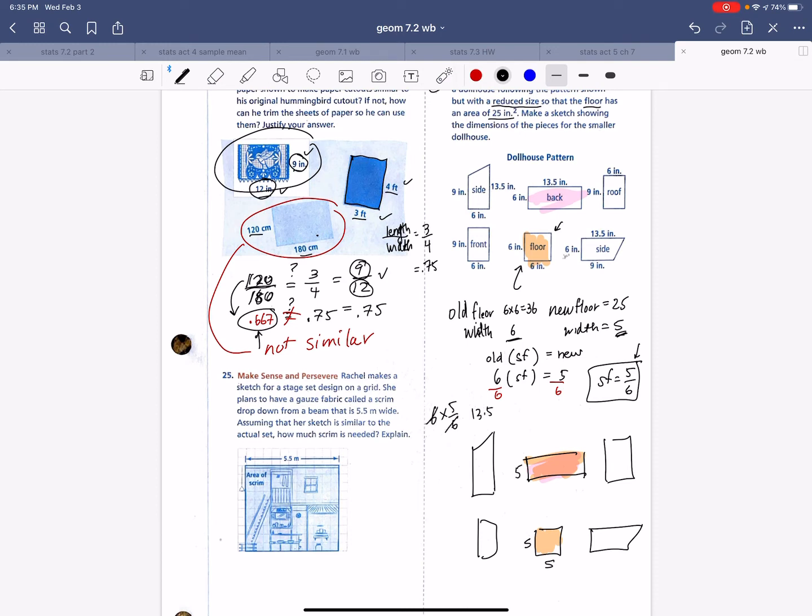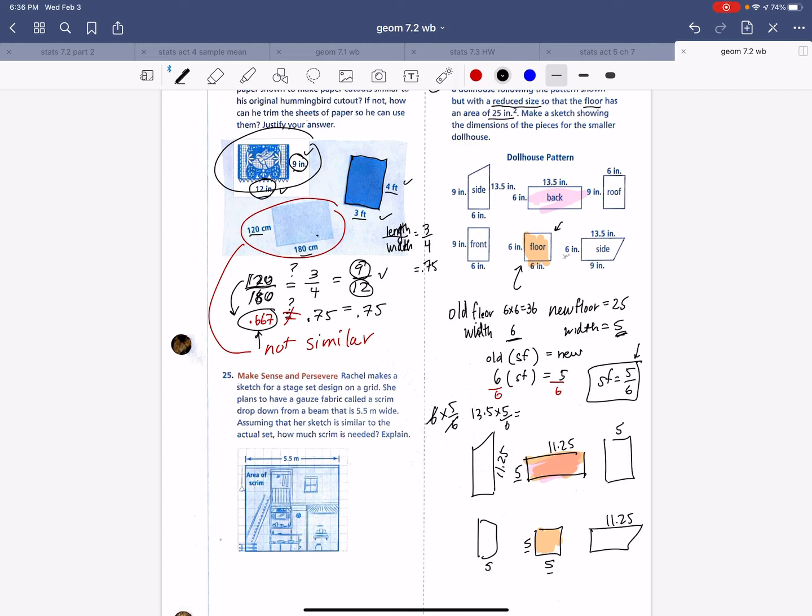13.5 times 5/6 is, let me just crunch that. It's 11.25. And we notice that same number, 13.5, comes up in a couple different spots, so I'm going to stick that in those places. Anytime I see the 6, I can put 5.